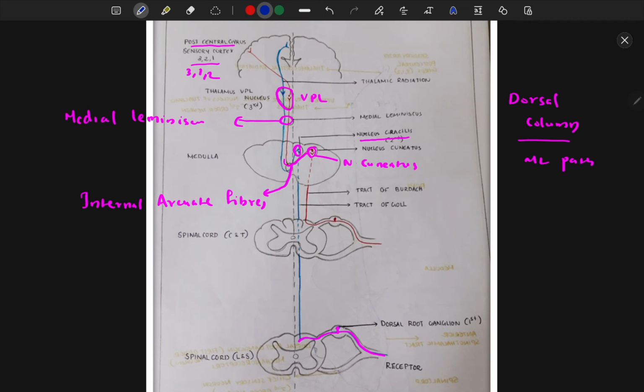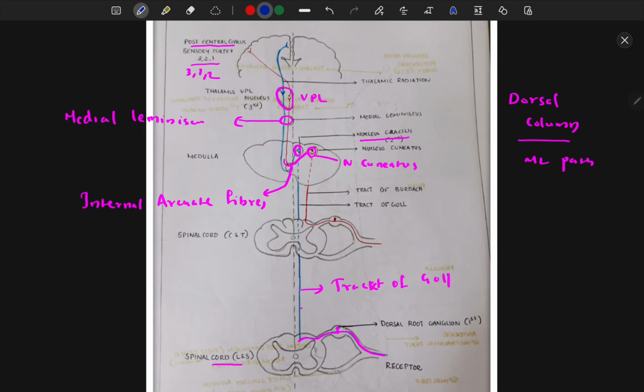Here you can note that the fibers coming from the lower part, that is the lumbar and sacral segments, are more medial, and this is called the tract of Goll.